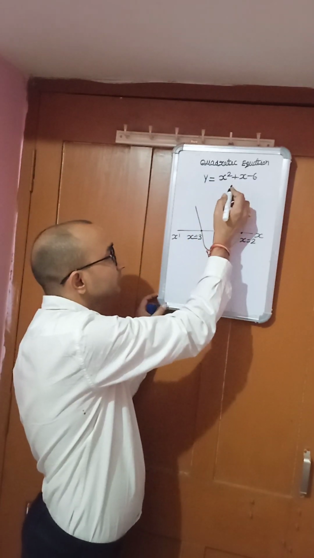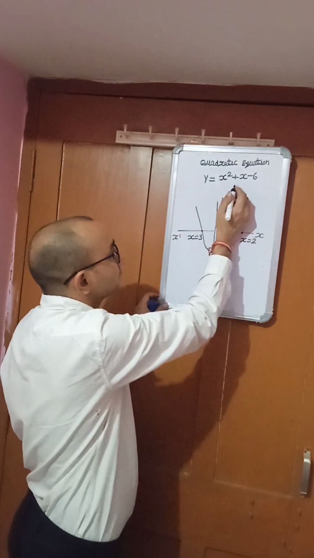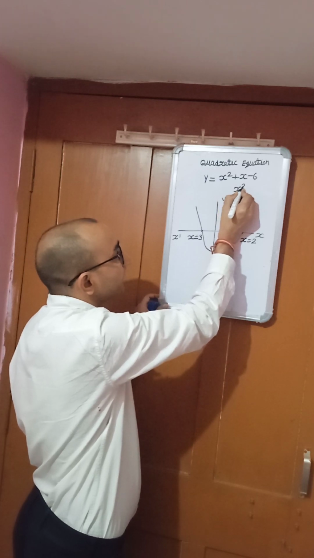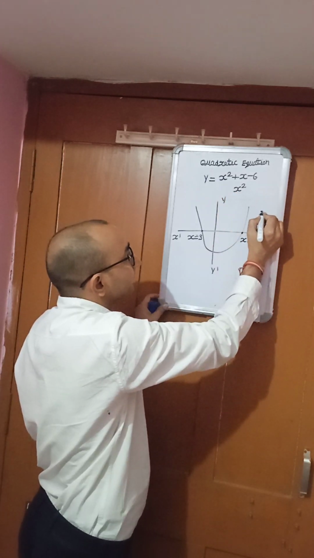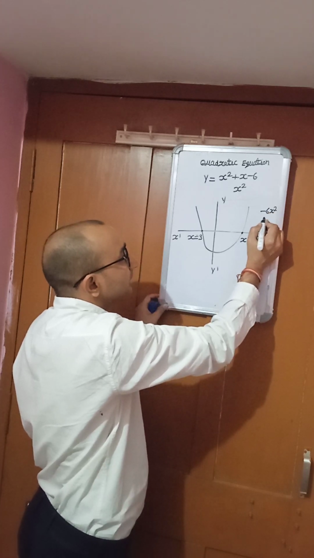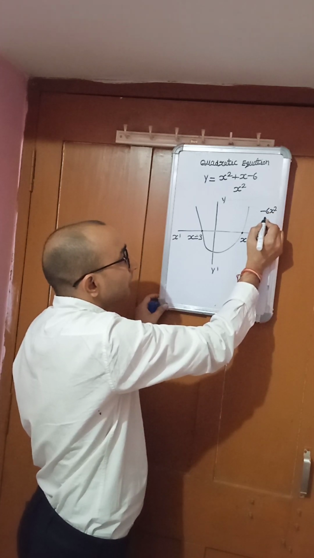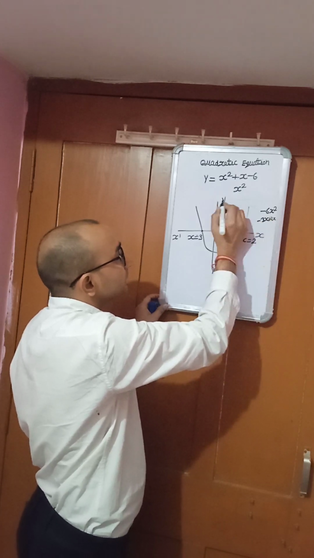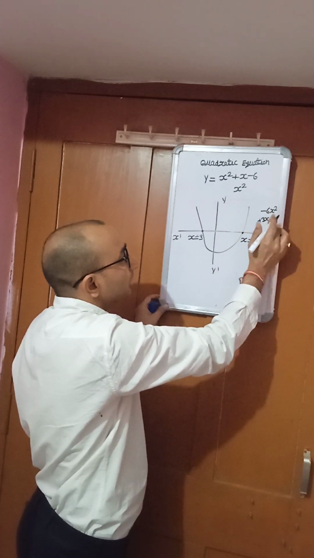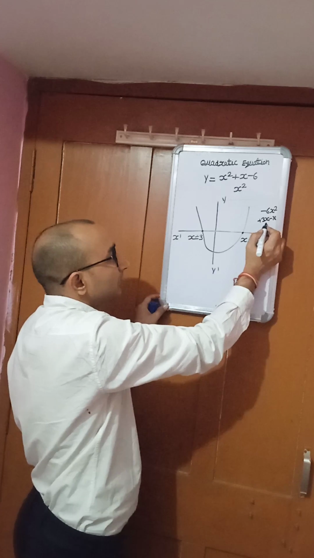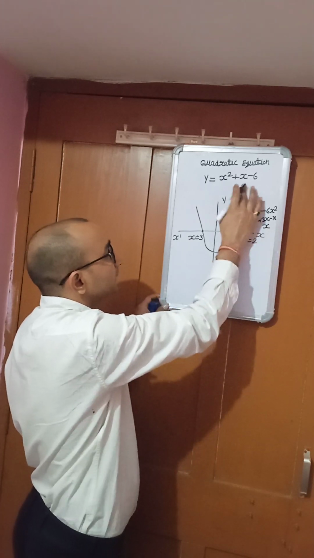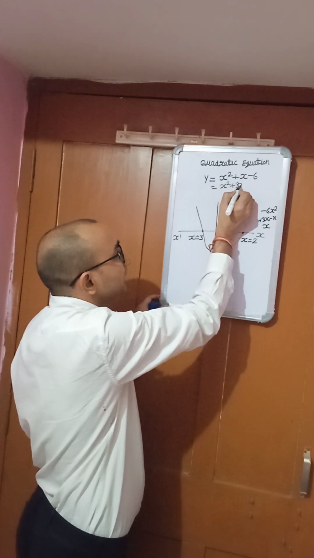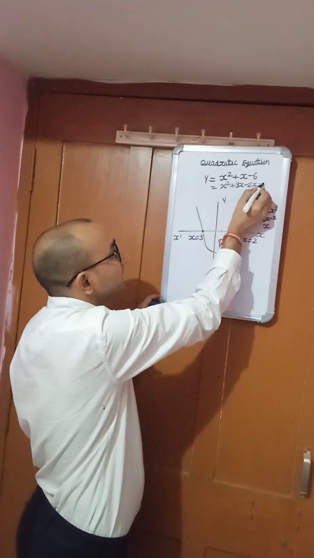Suppose I want to solve this equation, x square plus x minus 6. Then this becomes x square plus 3x minus 2x minus 6.